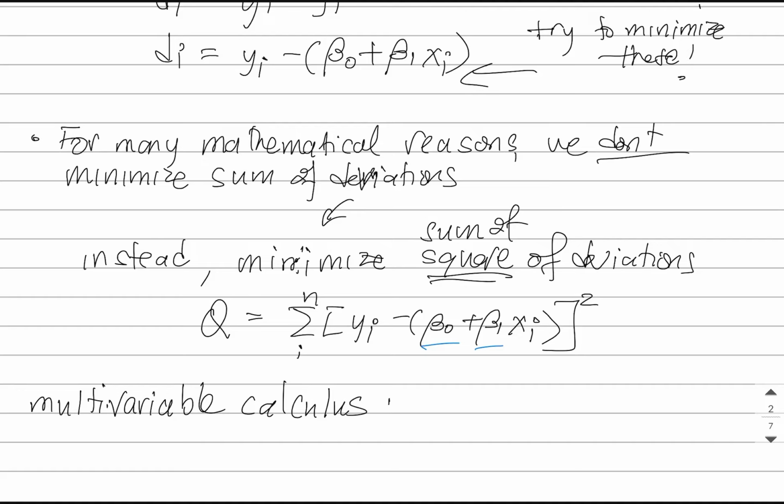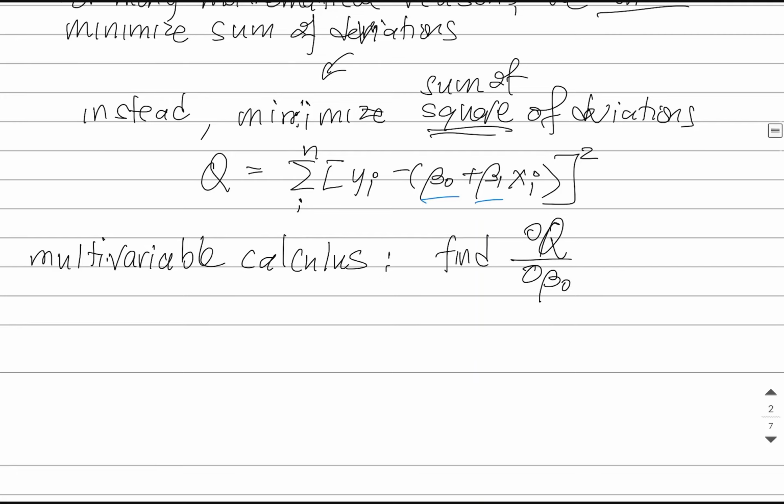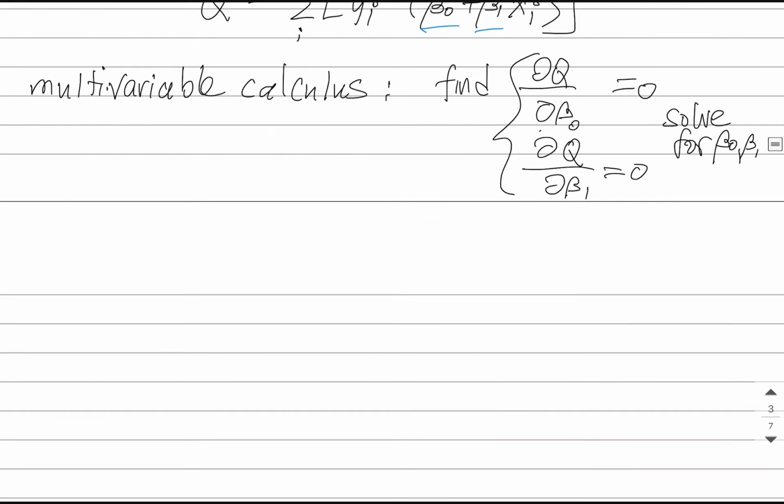Now, you may not know what that means, and that's fine, but if you understand what a derivative is, all we need to do is find the partial derivative of this sum with respect to each of these parameters, set them equal to 0, and solve for beta naught and beta 1. So we end up getting a system of equations. The system may or may not be linear. It really just depends on what we end up with.